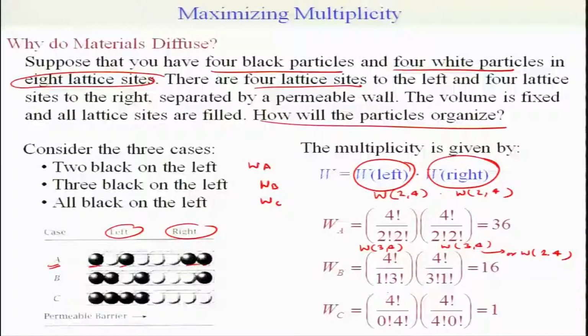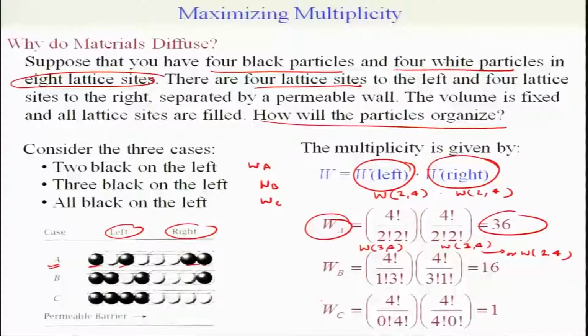Similarly, this will be W(0,4) or W(4,4), and you can clearly see in this case the W_A has the maximum multiplicity. This indicates that the mixing of particles, from initially having black in the left region and white in the right region, increases the multiplicity, and this is the reason that the materials diffuse: in order to maximize multiplicity.